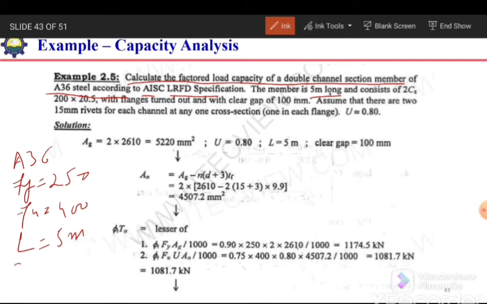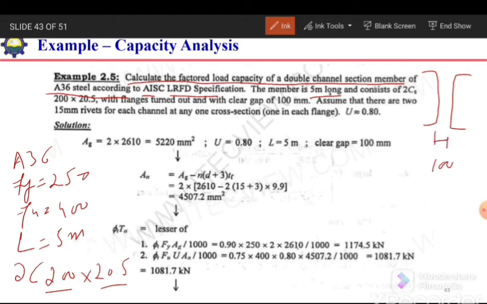We have two C's, 200 by 20.5. So 200 is the depth and 20.5 is the weight per unit length, with flanges turned out, which means the configuration is like this, and a clear gap of 100 millimeters. So the gap between these two shapes is 100 millimeters.